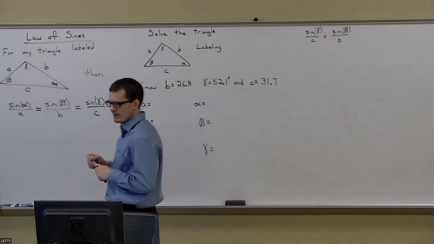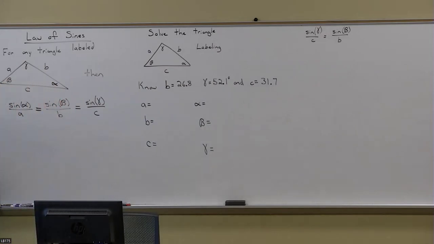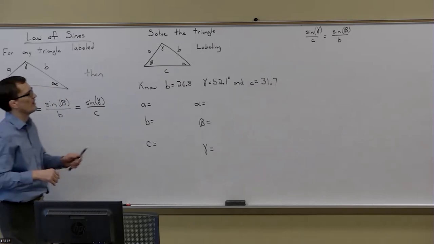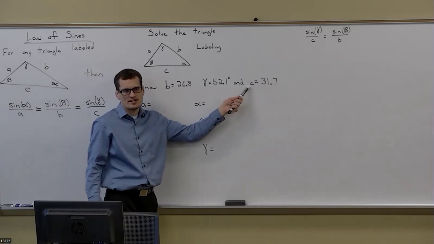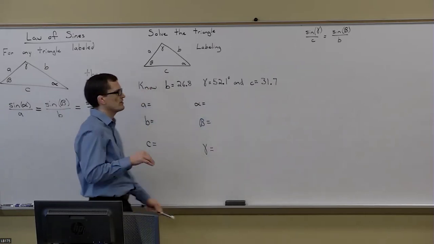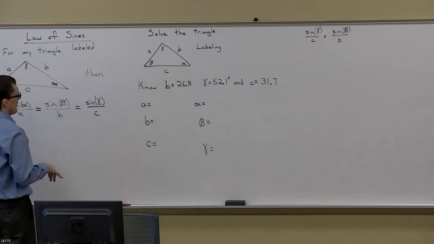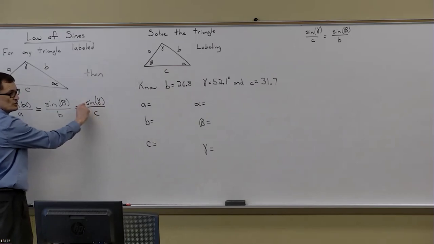Let me go through, most people are doing pretty well on this, so let me go through the process. Hopefully you're thinking the same way. I have a B, a gamma, and a C. Because I have those three, I look to my law of sines and I say, I have a gamma and a C, so I have this ratio here.